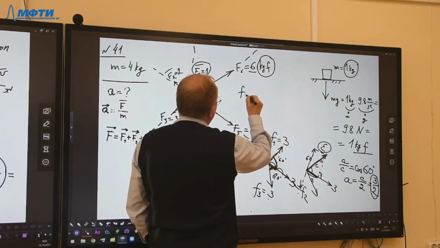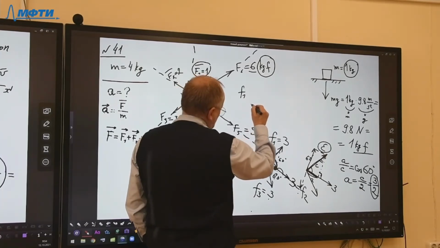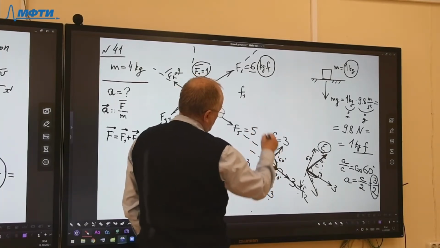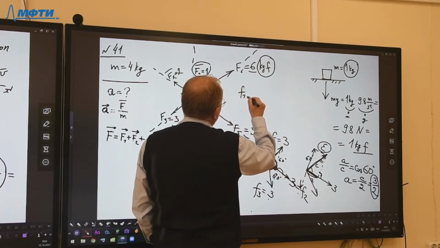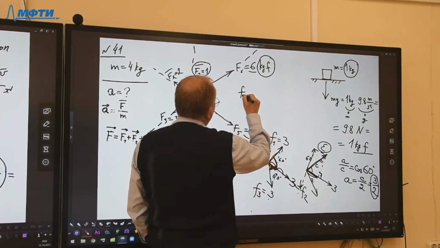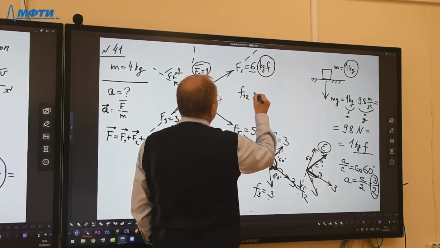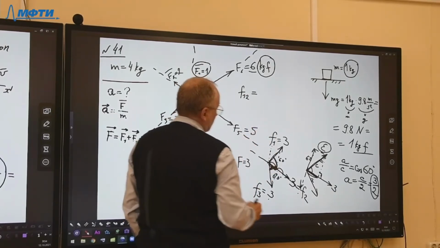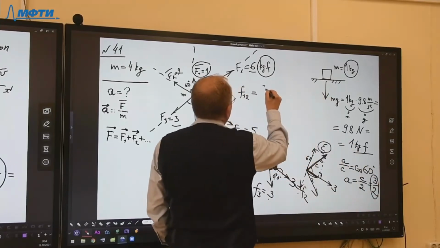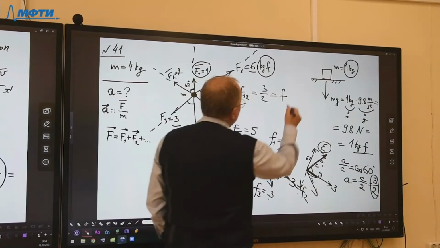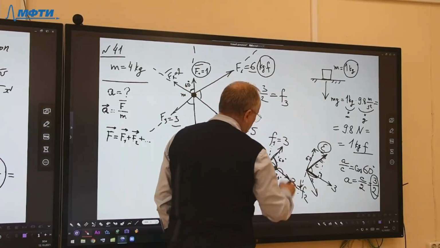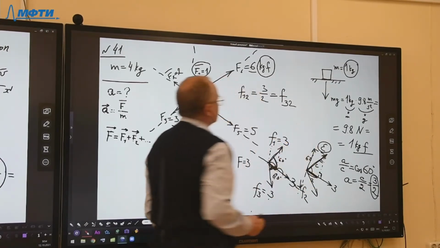The force F1, a component parallel to force F2, that is the component of F1 on the direction of F2, we have found it, it's 3/2, and it's equal to the component of force F3, again on the direction of force F2.